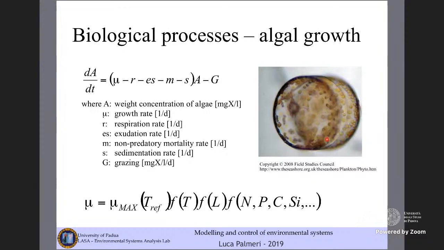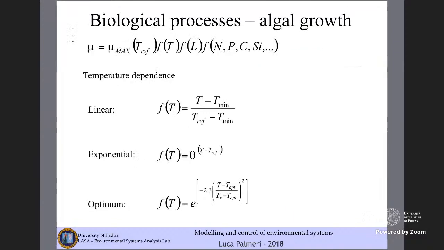If you have this kind of representation, then we said that in terms of limitations, we simply employ a set of limiting functions: one limiting function that accounts for temperature, one that accounts for the presence of light, and a more complex limiting function that accounts for the presence of nutrients.